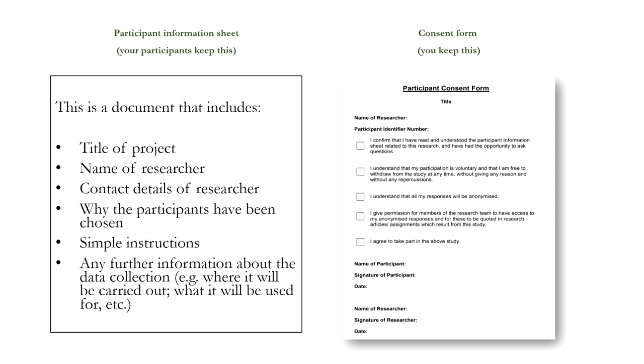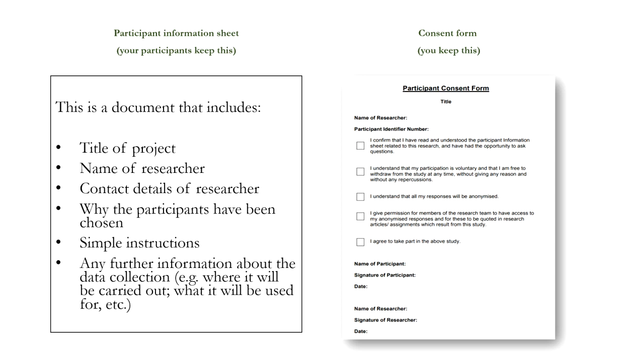It includes the title of the project, your name and contact details, and other helpful contextual information about the study: why they've been chosen, some simple instructions, and maybe an overview of how long it'll take to complete, say 15 minutes to do the survey, and any further relevant information about the data collection.